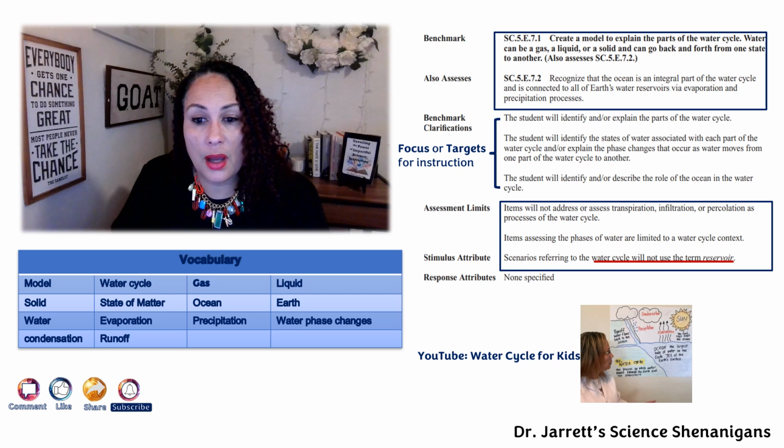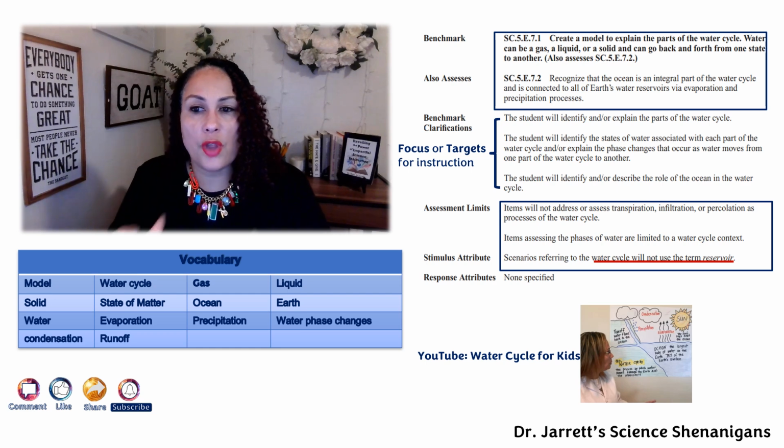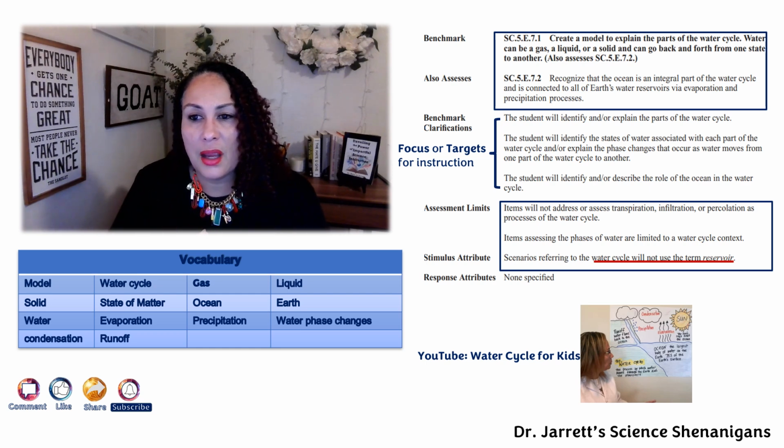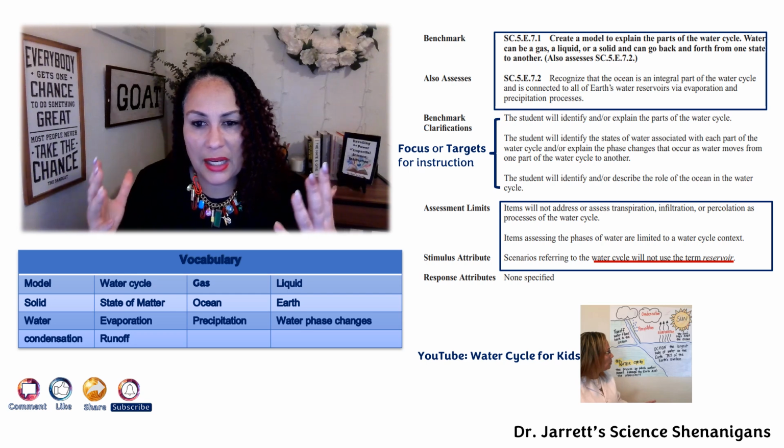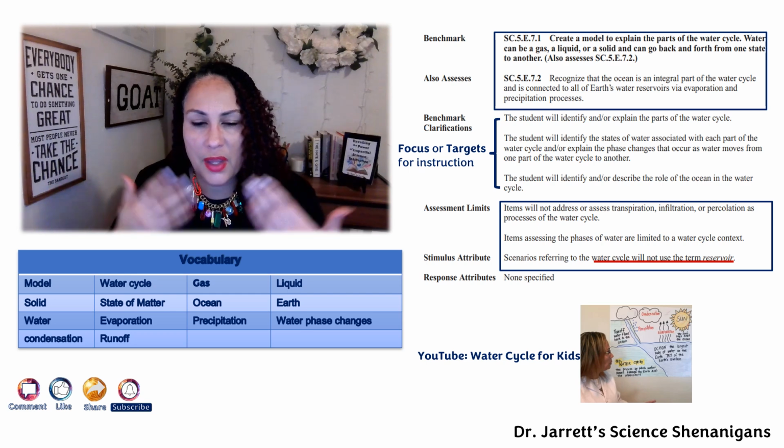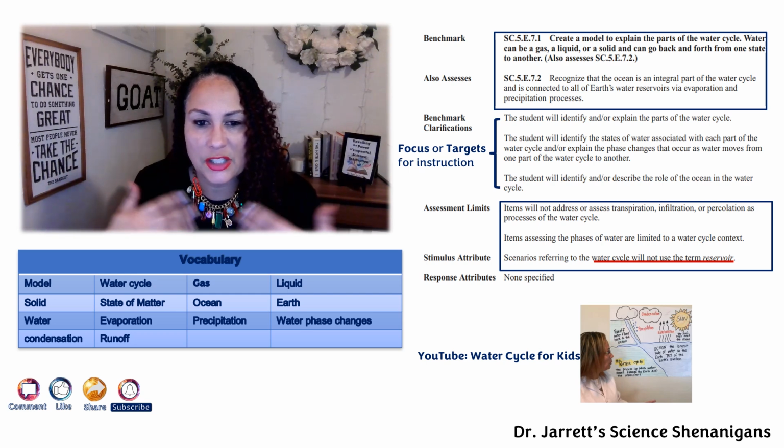And then the other important piece of this benchmark goes into the ocean being an integral part. So the water on Earth is 75%. So we have 75% water and then 25% land. So when we look at that, the ocean is our biggest body of water, and that's where a lot of the condensation, precipitation, evaporation is happening.